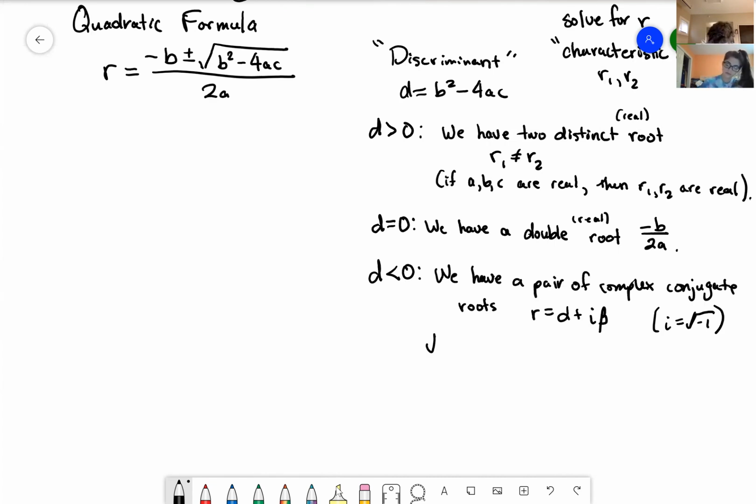And we have alpha is equal to minus b over 2a, and we have beta is equal to square root of b squared minus 4ac over 2a. So we just split it up into its two parts. And this will be the second difficult case.